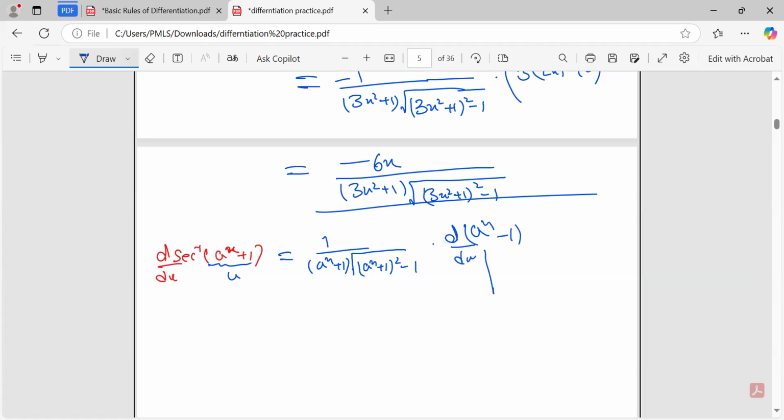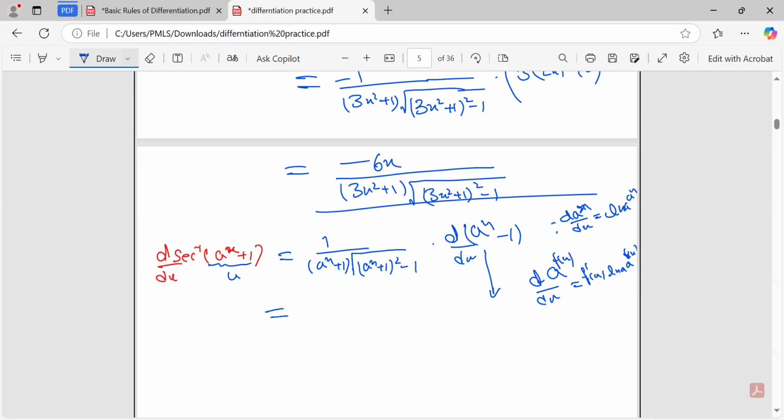For taking the derivative of a to the power x, keep in mind this formula: the derivative of a to the power f of x is f prime of x times ln of a times a to the power f of x. In this case, the derivative of x with respect to x is 1, so it will be ln of a times a to the power x.